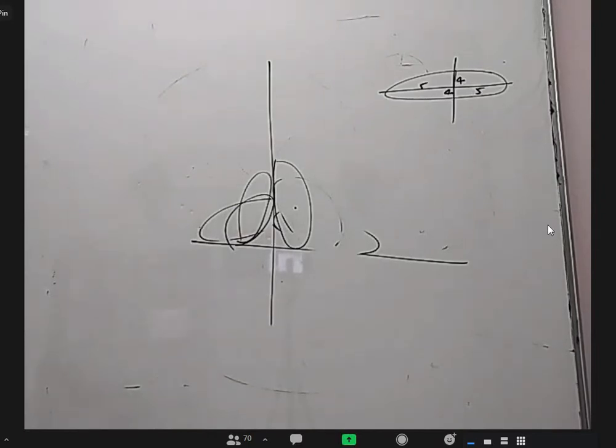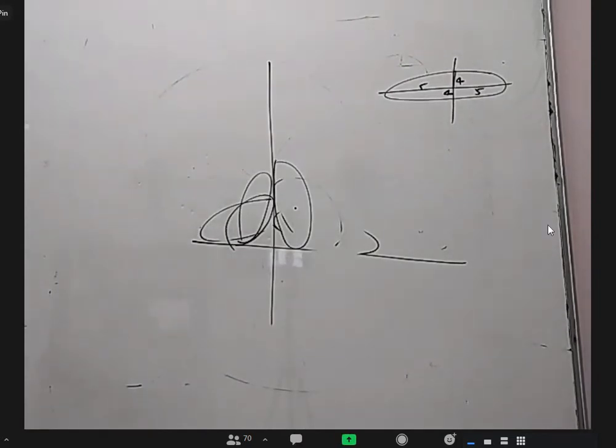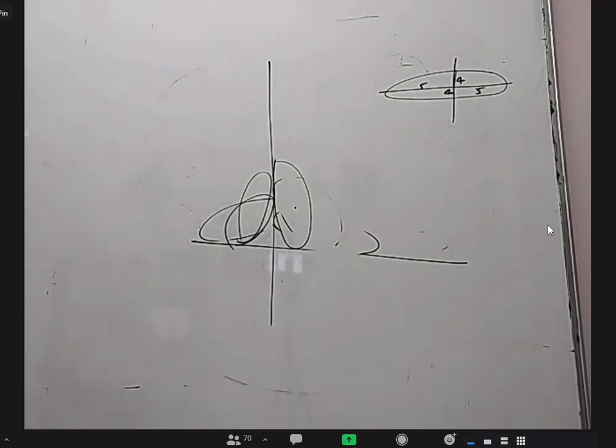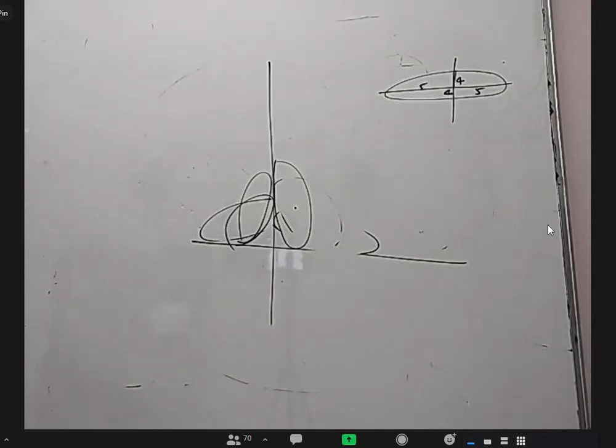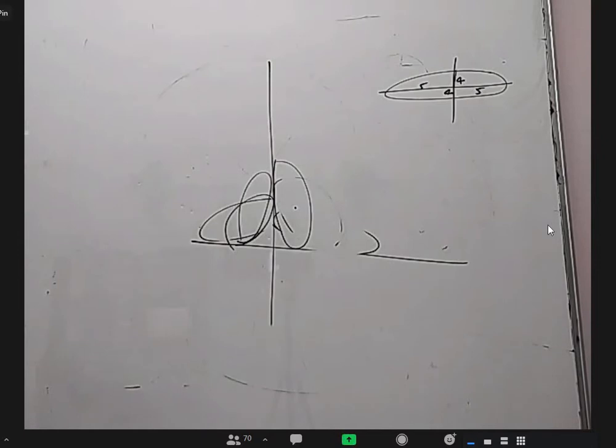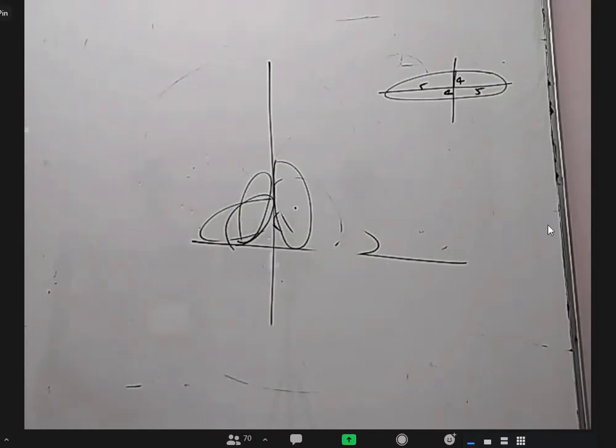Anybody want to give an explanation why it is a circle? Sir, but it is not a full circle. The position of the center moves, but the distance from the origin to the center doesn't change. Why?